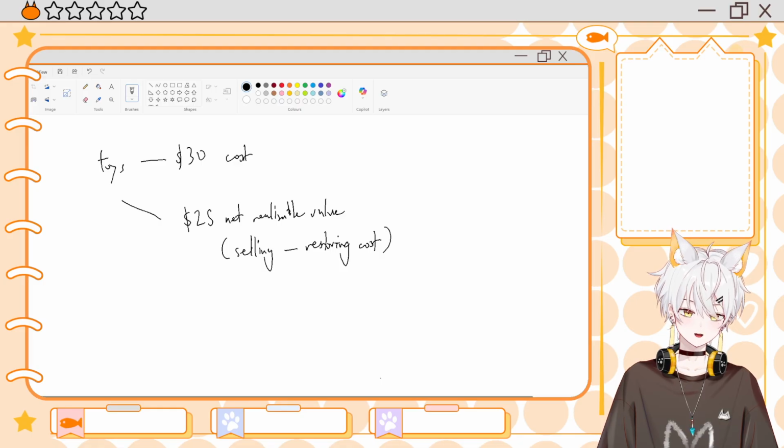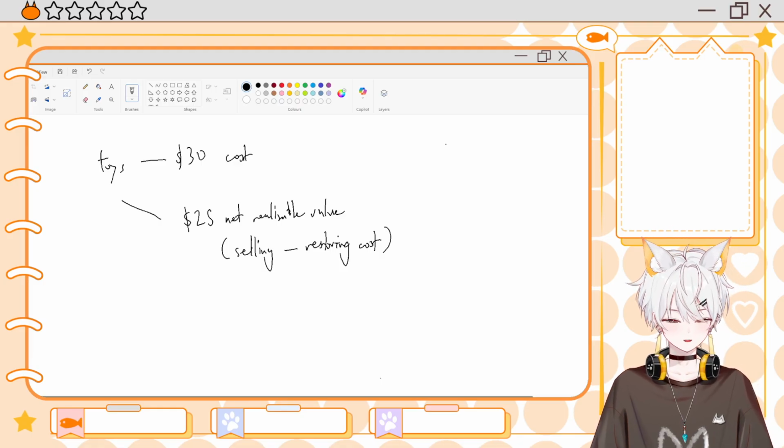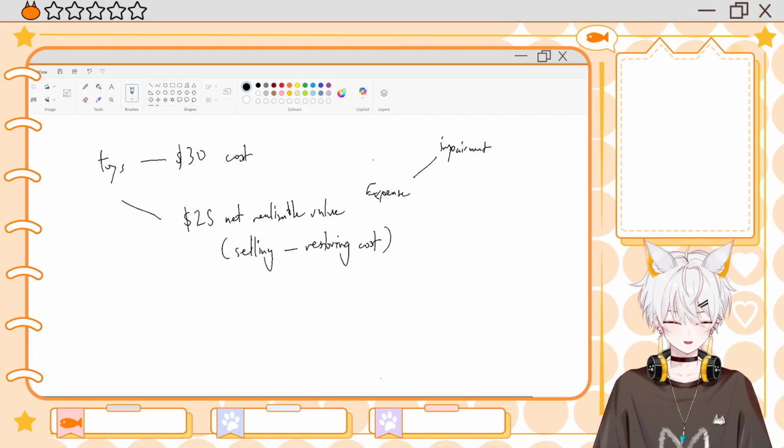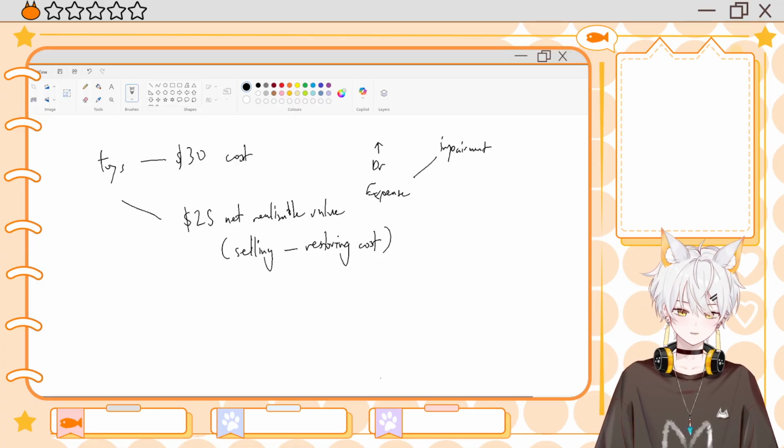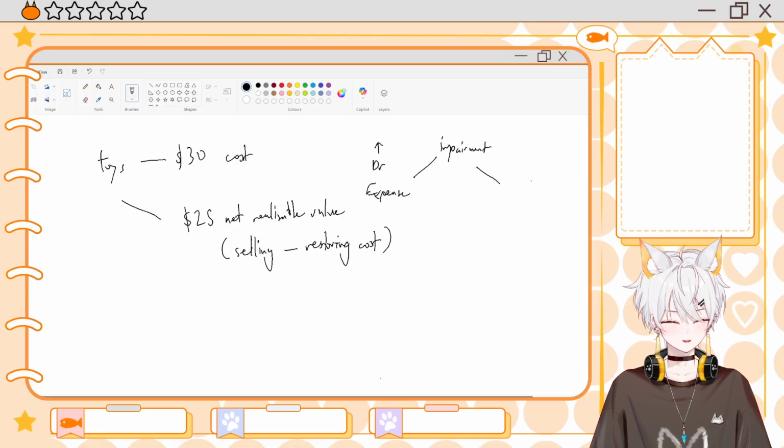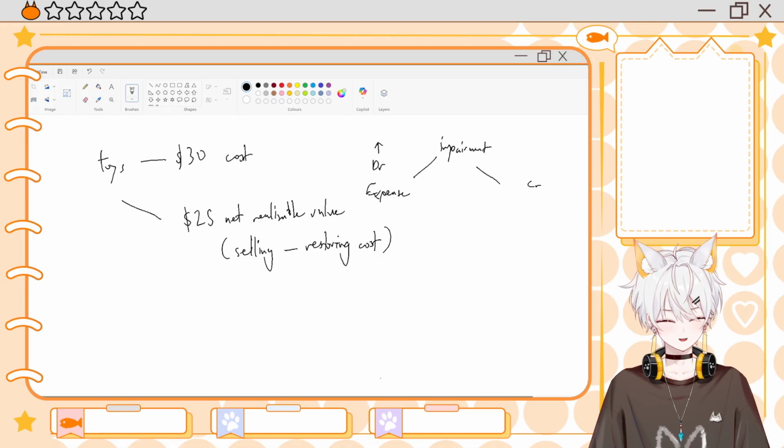Impairment works like this: on one side you have an expense, which, if you still remember, is a debit that increases. Then you have something to credit, correct?